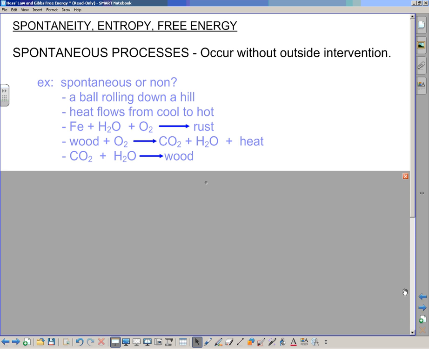Let's say we reverse the situation. Now the ball is at the bottom of the hill. If you believe that gravity is an outside influence, then gravity might or might not influence the ball at the bottom of the hill to get back up the hill. Yes? Okay. Is that true? Gravity might or might not influence the ball.